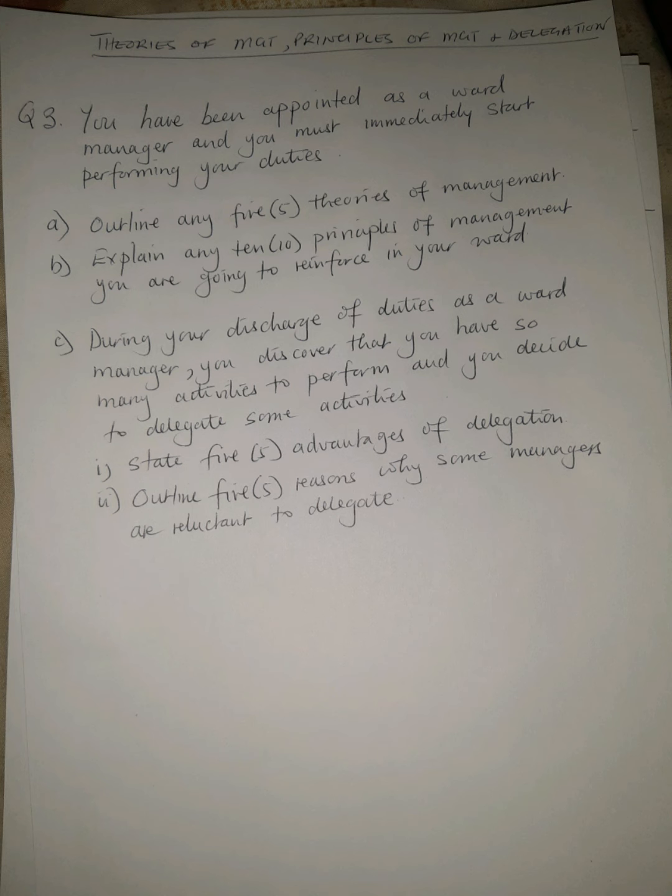It focuses on two key areas: observation and measurement of outcome. So the scientific management theory, in simple terms, what these guys did, Frederick Taylor, they were used to say in a factory, for example, or let's say when you're working in a ward as a nurse, there was a way of standardizing how you give drugs or how you measure BP.